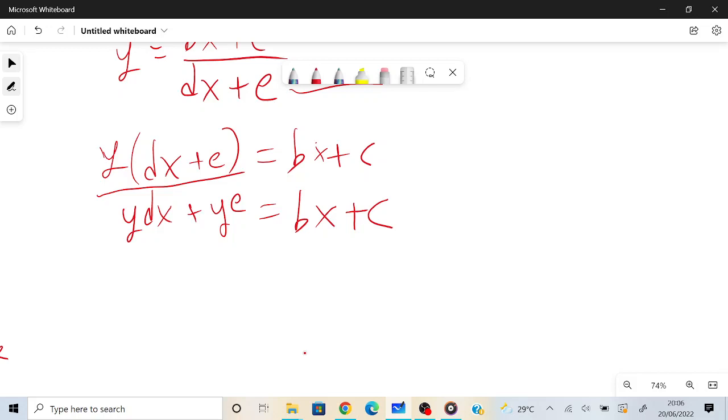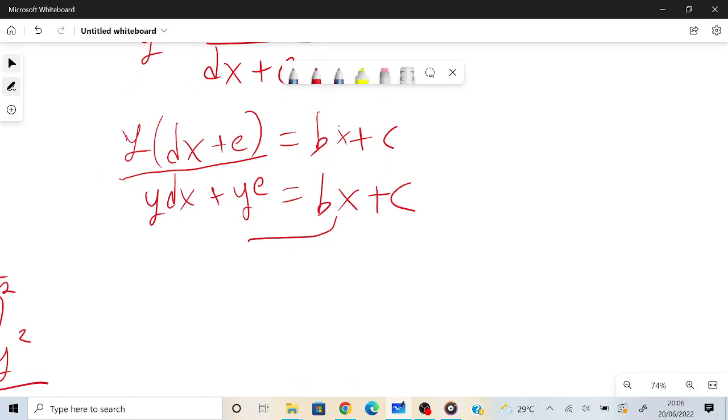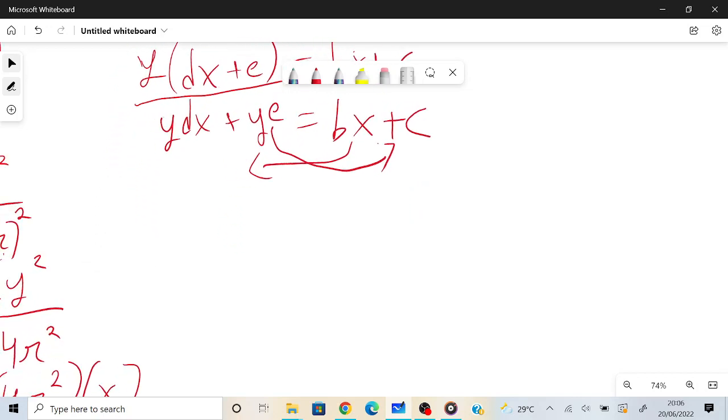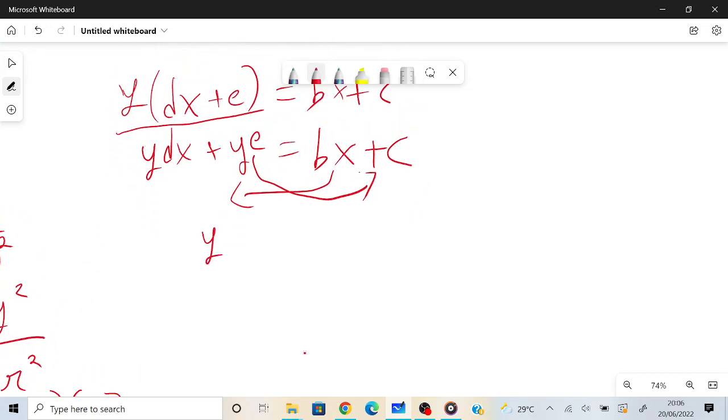Now you want any term with x on one side, so we'll take this bx to the other side, and we'll take this ye to this side. So this eventually becomes y dx minus bx equals c minus ye, because the ye becomes minus if it goes to the other side, and the bx also becomes minus if it goes to the other side.